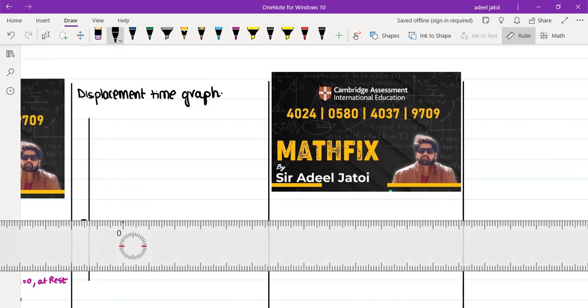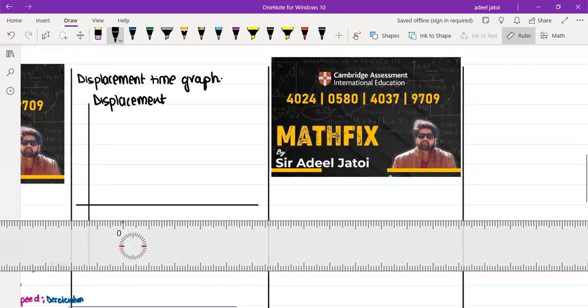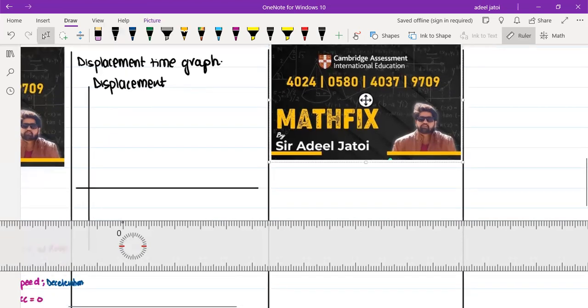This becomes your x-axis. Since we are making the displacement time graph, your y-axis will show me displacement and your x-axis will show me time.